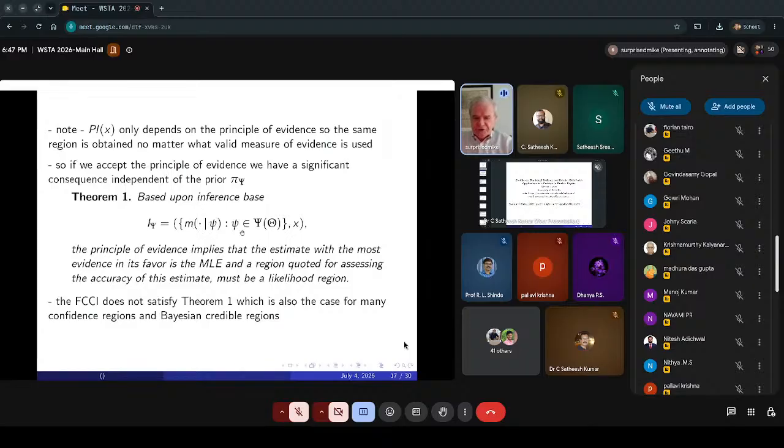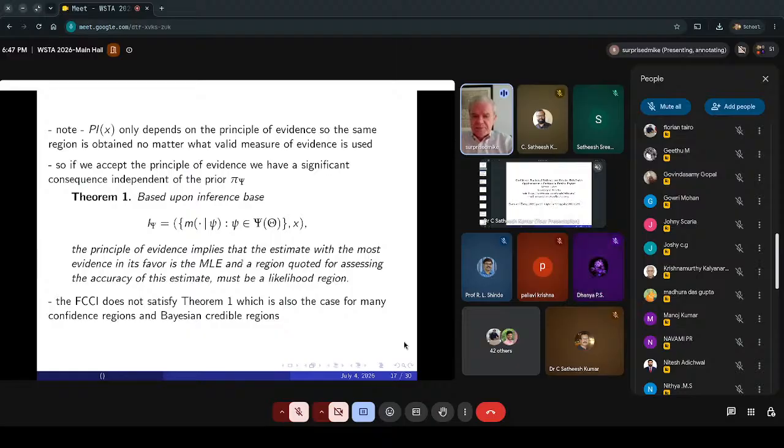Namely, if I accept the inference base, okay, that means I integrated out the nuisance parameters, or this is the inference base for the full theta. I don't need to do any integration over nuisance parameters when I have the full model, right? I don't have psi, in other words, I have psi equal to theta, and I accept the principle of evidence.